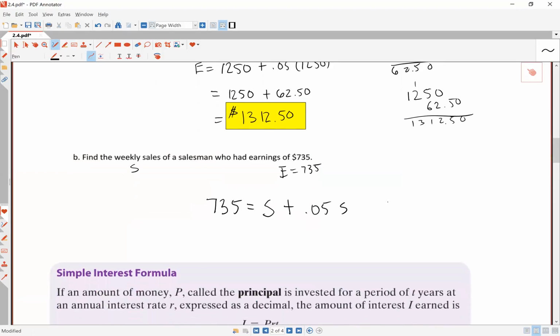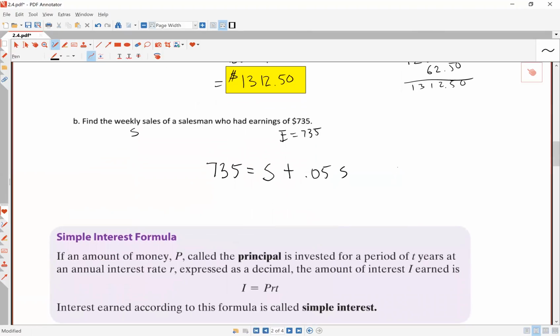So here we have an equation that contains decimals, and I'd like to clear the decimals. So I multiply everything by 100. That moves everything over 2 spaces: 73,500 equals 100S plus 5S.